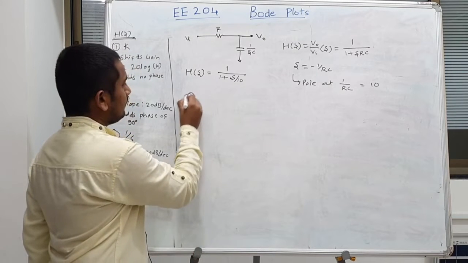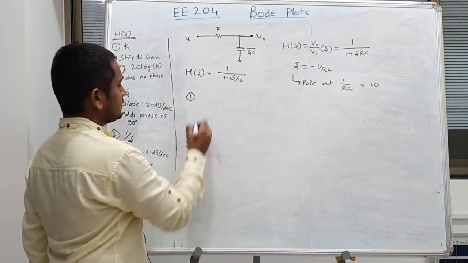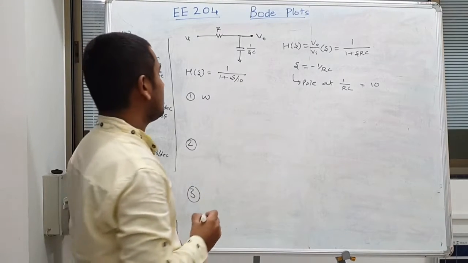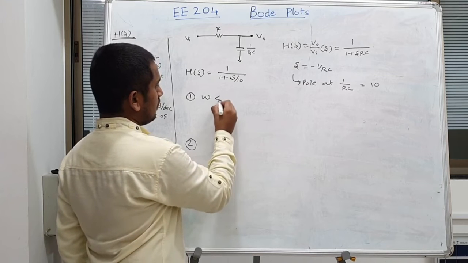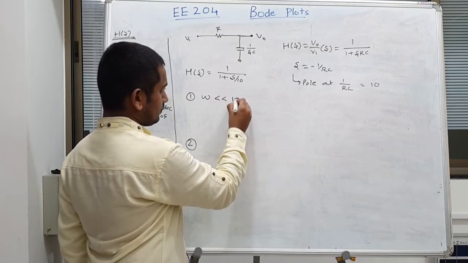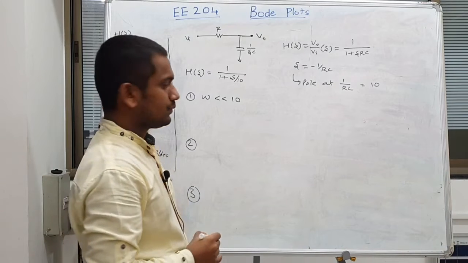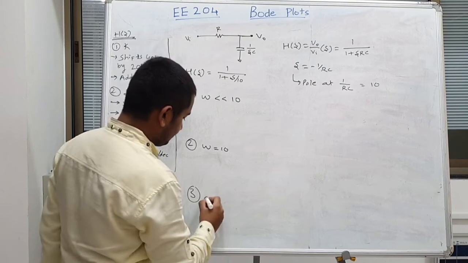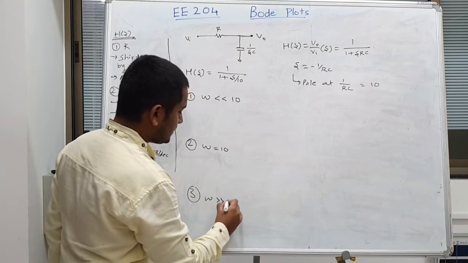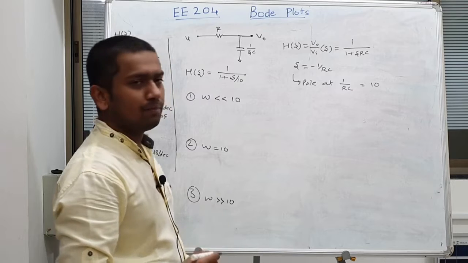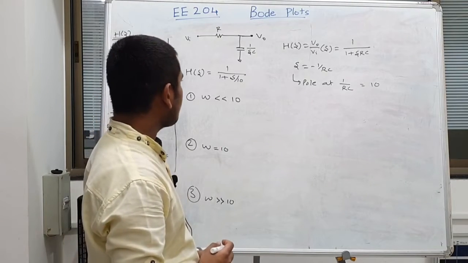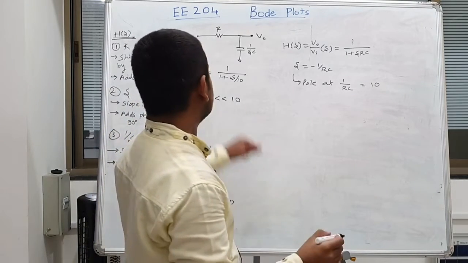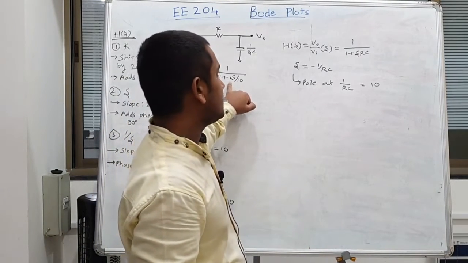For that, we need to have three calculations. One, when frequency is much smaller than the pole frequency, when we are at the pole frequency, and when it is much higher than the pole frequency. The first step in Bode plot is to substitute s with j omega.